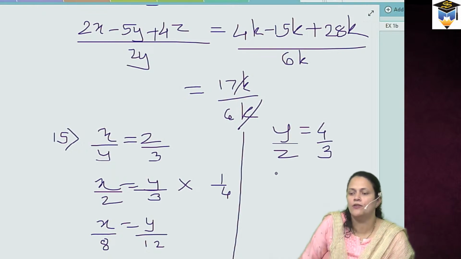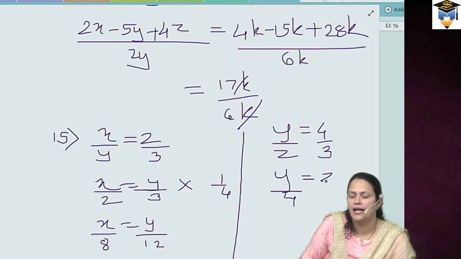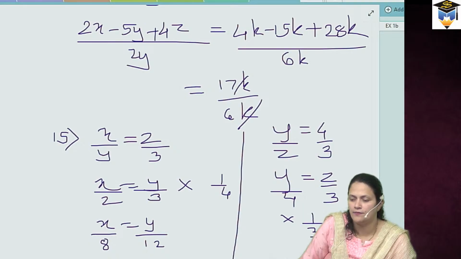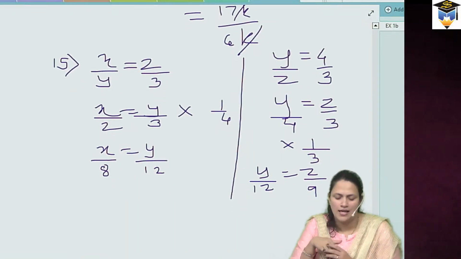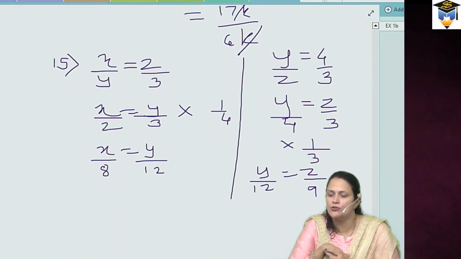Apply alternando and multiply both sides by 1 upon 3. Answer is 8 is to 12 is to 9.